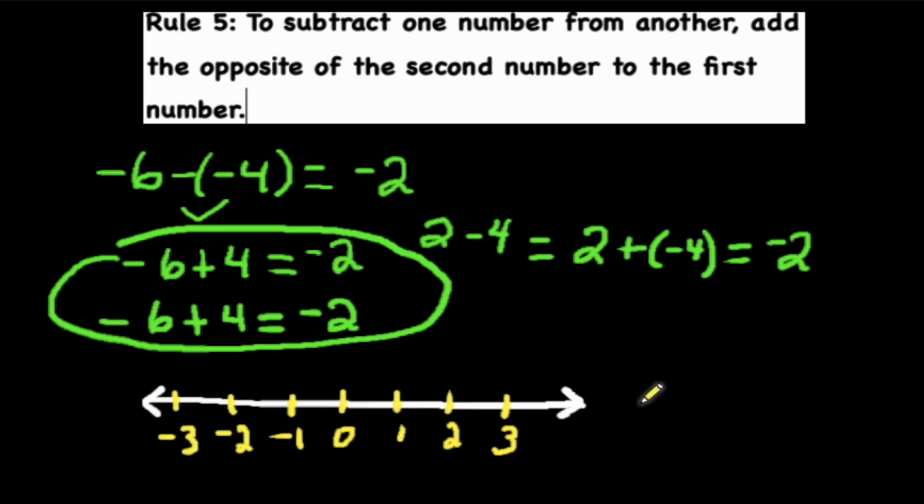All right, so let's say that you were given a problem like 3 minus -2. All right, so you already know that negative of a negative is a positive, so it can be rewritten as 3 plus 2, right? And we all know 3 plus 2 is equal to 5.